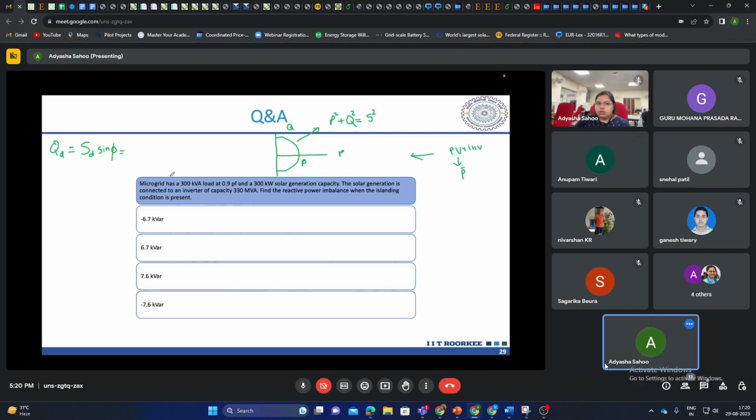S demand, 300. Okay, so we put here 300. Then sine phi. We know cos phi was 0.9, so phi is cos inverse of 0.9. So using this, what do we get?